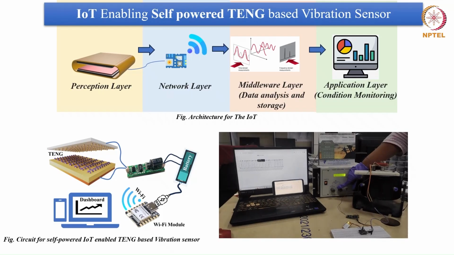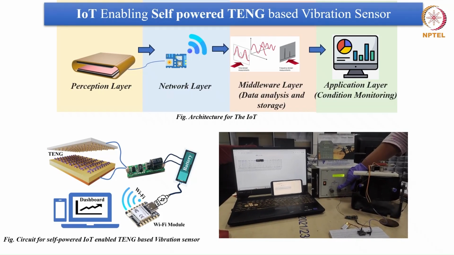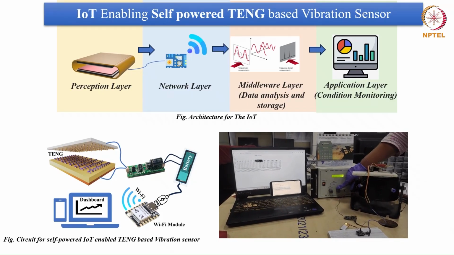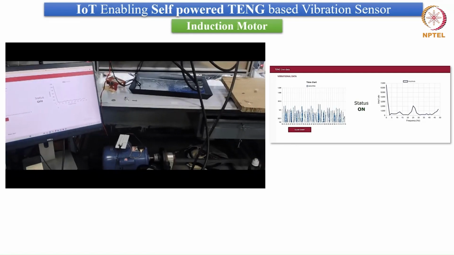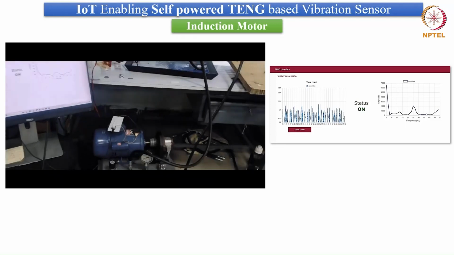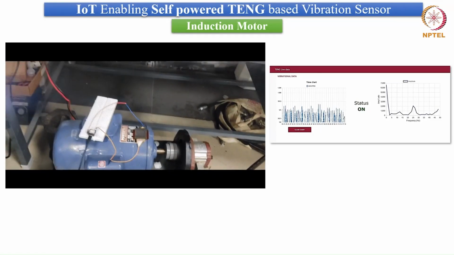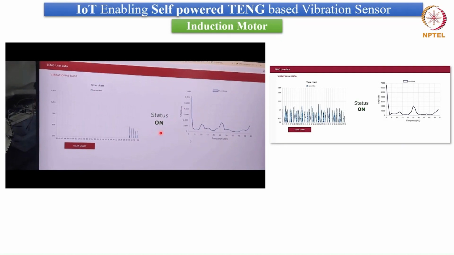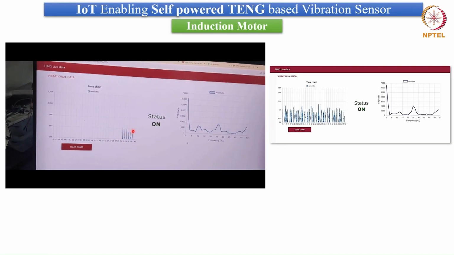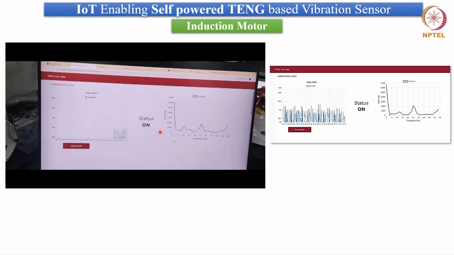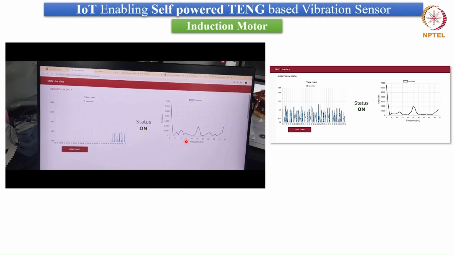So when we integrated an IoT module onto it, we can get this data wirelessly on our mobiles, computers and smart devices. Firstly, when the TNG was placed on a motor and it was turned on, we get a turned-on signal, and the corresponding voltage signal can be seen on the dashboard as well as the FFT corresponding to it.